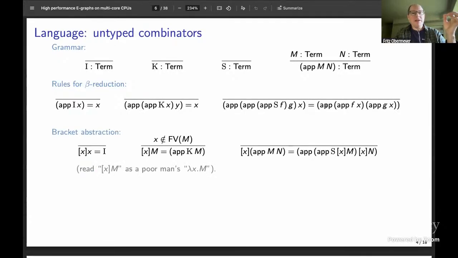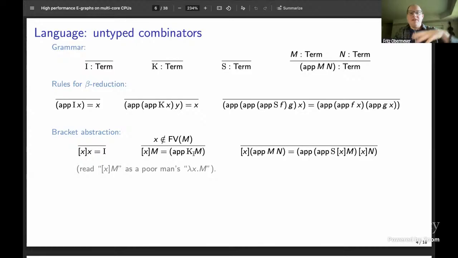The cool thing about combinators is that they have this poor man's lambda binding, where you can represent higher order functions using a first order language via this abstraction. You can read this abstraction as a poor man's lambda x dot. The identity allows you to convert variables to functions.